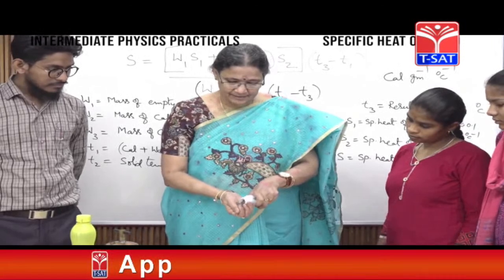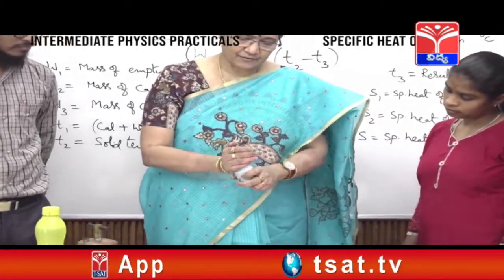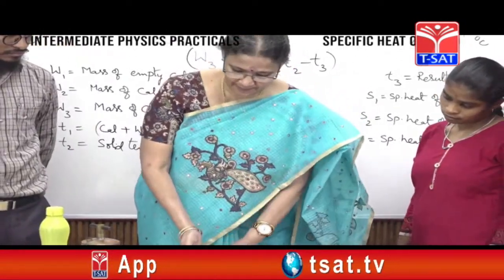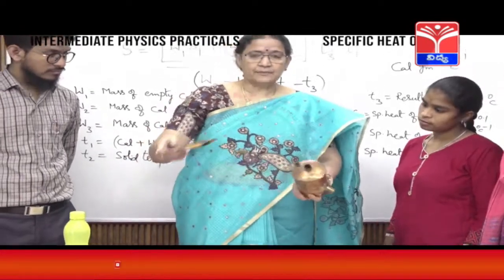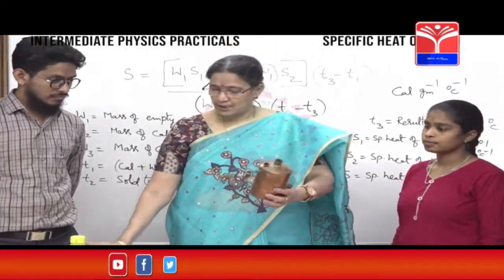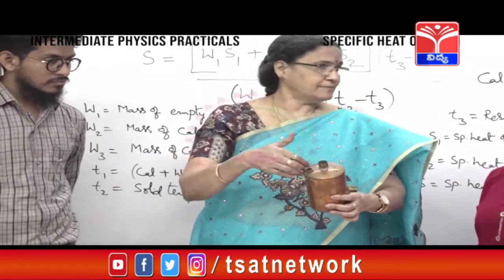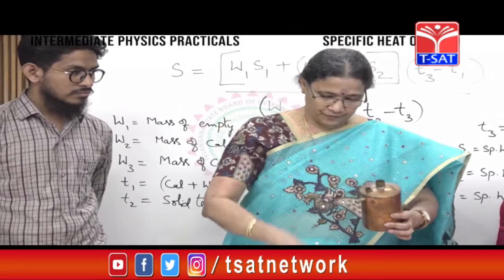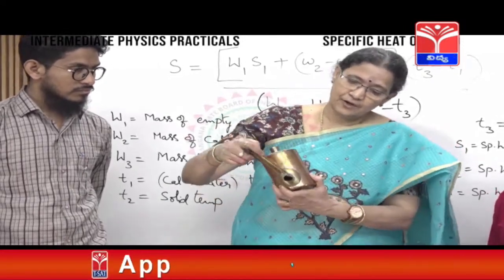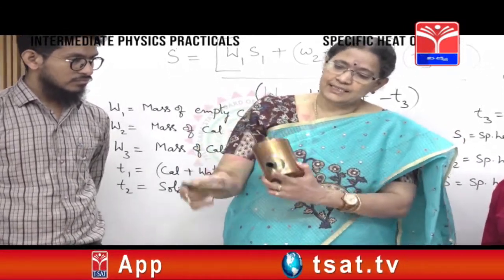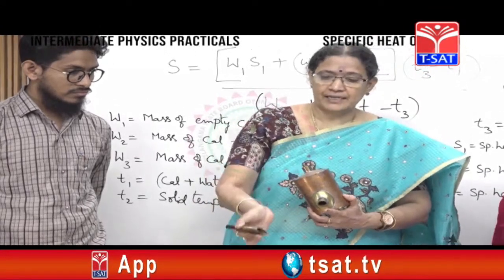Now, first of all, let me explain this steam heater. You will be pouring water from this. It is a two-layered vessel. Now from the center, you have an opening. This is not uniform front and back.